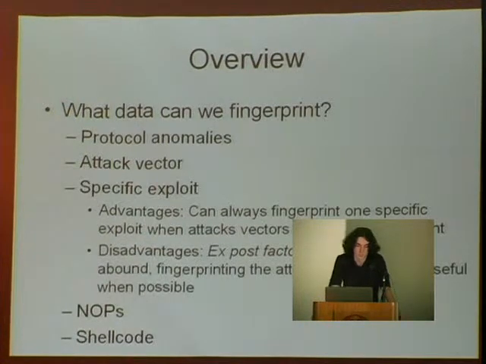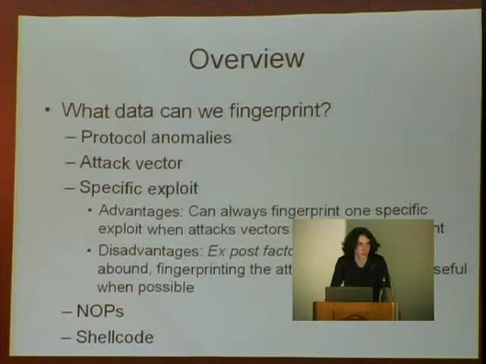And the next one is a specific exploit. A specific exploit, like one released, I believe, for DCOM by HD Moore for the Metasploit project, had a string like Metasploit or meow in there somewhere, I forget which one. You can fingerprint characteristics of the actual specific exploit rather than the bug that's being used.